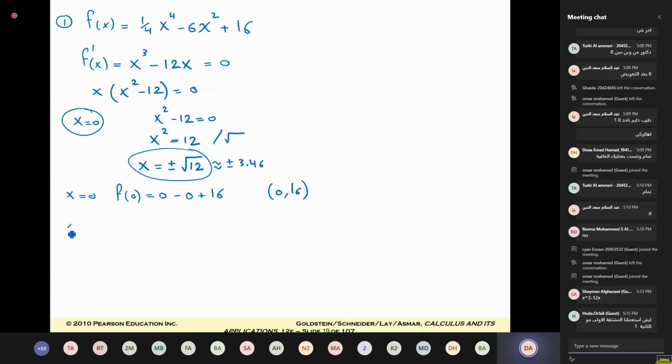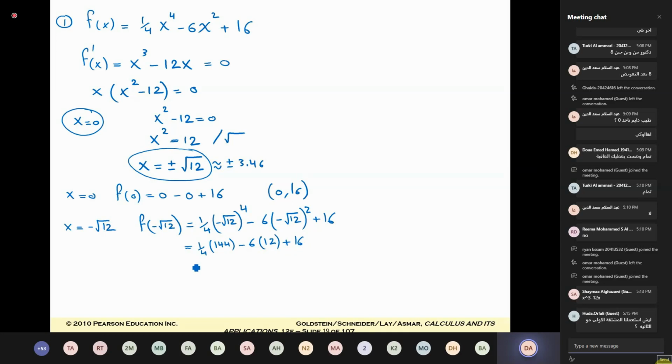Okay, the second one, negative radical 12. So f of negative radical 12 we have 1 over 4 negative radical 12 to the power 4 minus 6 multiply negative radical 12 square plus 16. So we have 1 over 4 multiplied by 144 minus 6 multiplied by 12 plus 16.